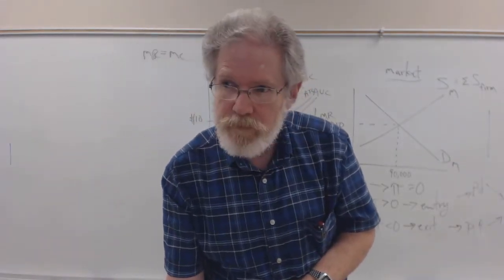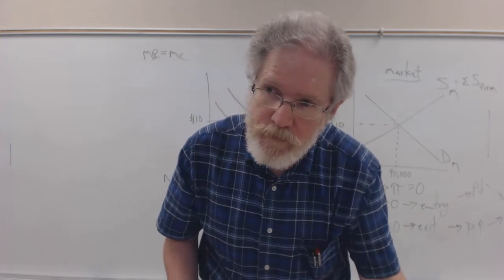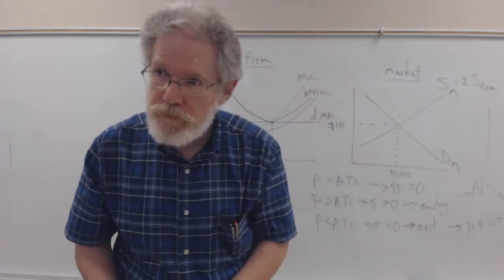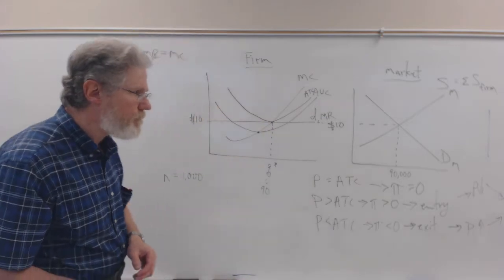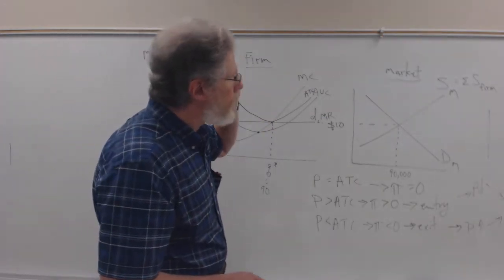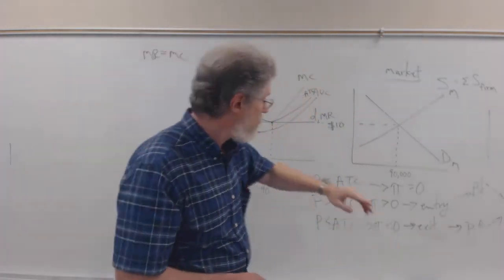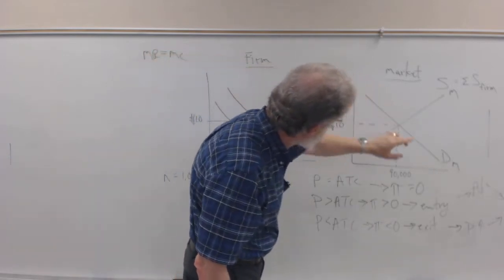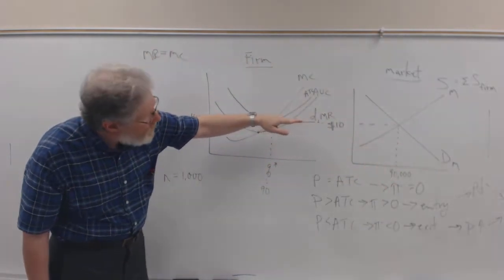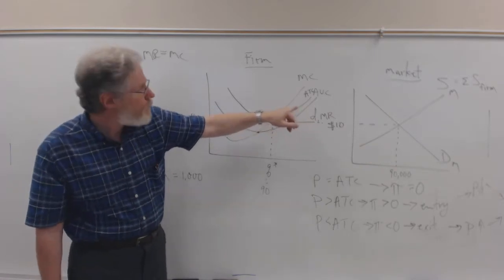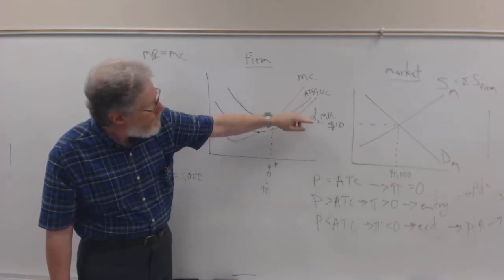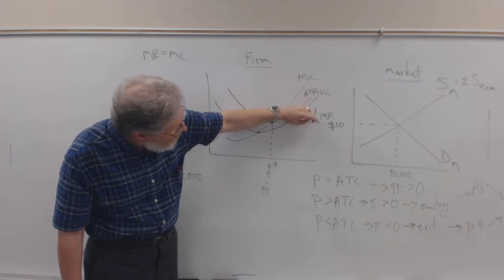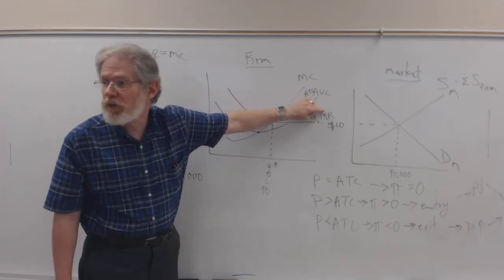Now, in a competitive price taker market, it's always going to be the marginal revenue. In a price taker market, the price is determined by the market. The individual firm takes that price as a given. So demand will be horizontal, and that horizontal demand curve is also the marginal revenue curve.